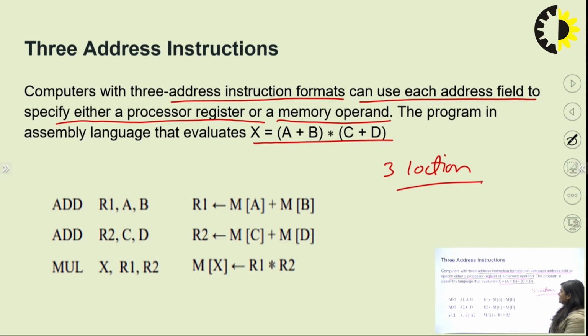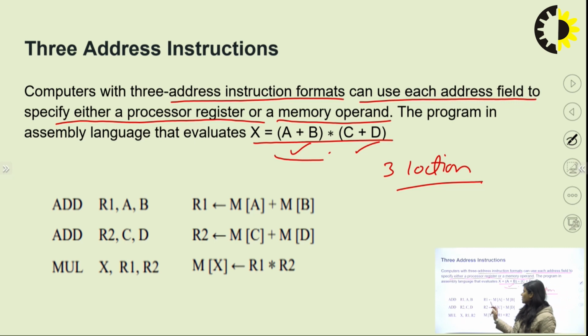Okay, so in this example, X is equal to (A plus B) multiply by (C plus D). We are going to implement and evaluate this expression using 3 address instruction. First, we solve the A plus B part.